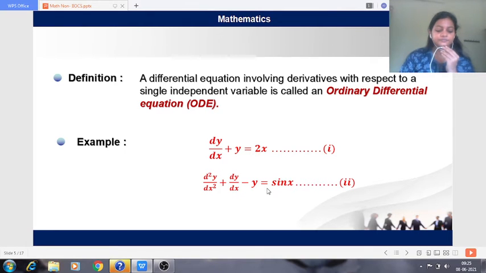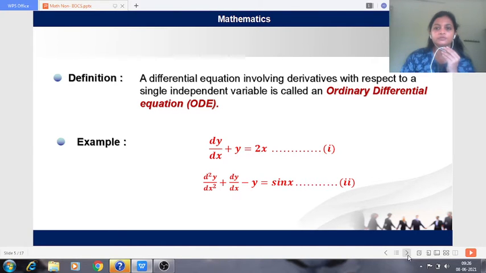Except these, ecology and population modeling, economics, etc. That is, we see that there are so many applications of ordinary differential equations in these subjects. So we study ordinary differential equations.